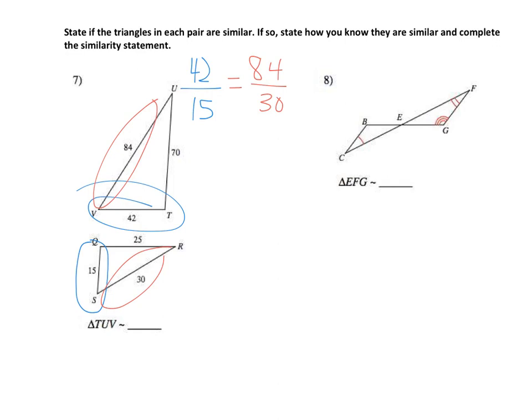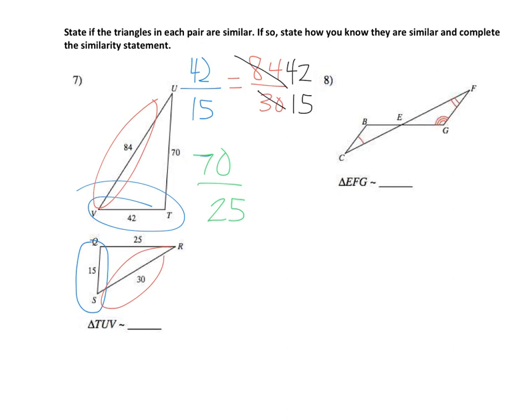So I can see, if I just reduce this right side by 2, if I divide this by 2, I'm going to get 42. If I divide this side by 2, I'm going to get 15. So right away I can see, yes, they are the same ratio for those two pairs, but we also want to check that third set. So let's take 70 over 25. I can't reduce it to 42 over 15, but let's see if we can reduce all three of these to the same thing.